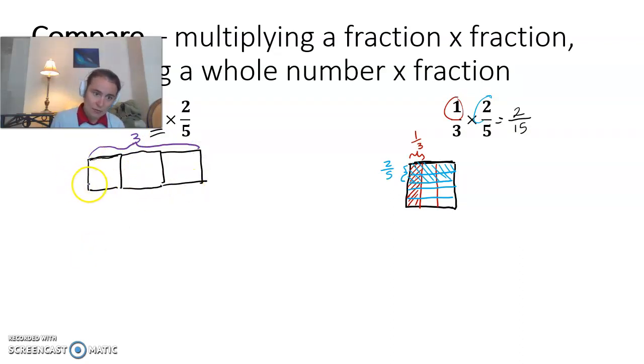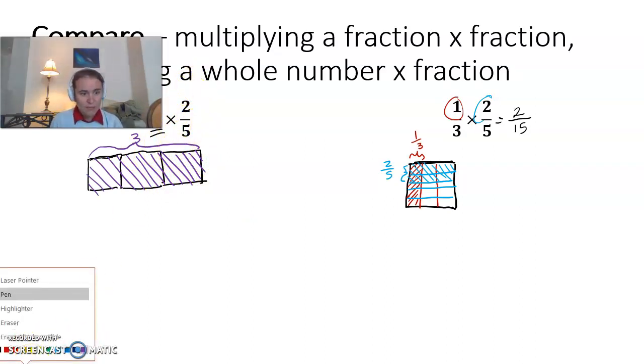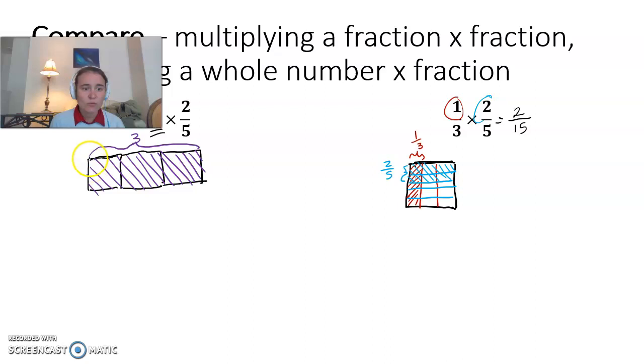And I need all 3 of my wholes, so I'm going to shade in 3 wholes. All right. Now my other side, 2/5. Do I need more squares to make 2/5? No, I don't, because this is 1 whole already, and 1 whole is more than 2/5. So I actually need to make this into less.